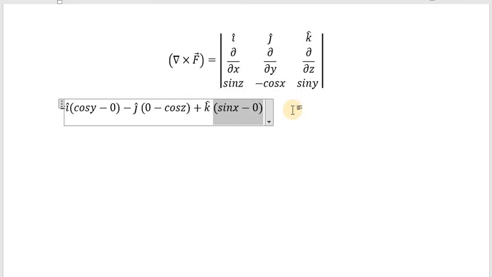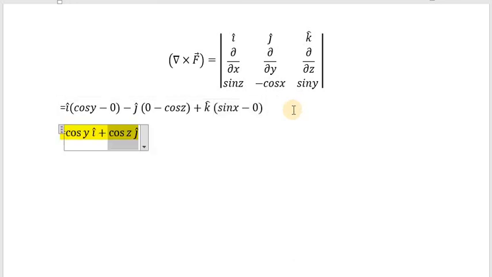Simplifying, we get cos y i plus cos z j plus sin x k. So this is the curl of the given function f.